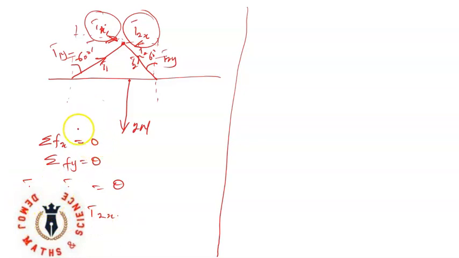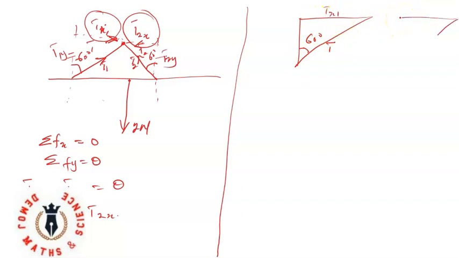Now, for T1x, let me redraw the triangle. Here is the rope, tension T, here is 60 degrees, and here is T1x.